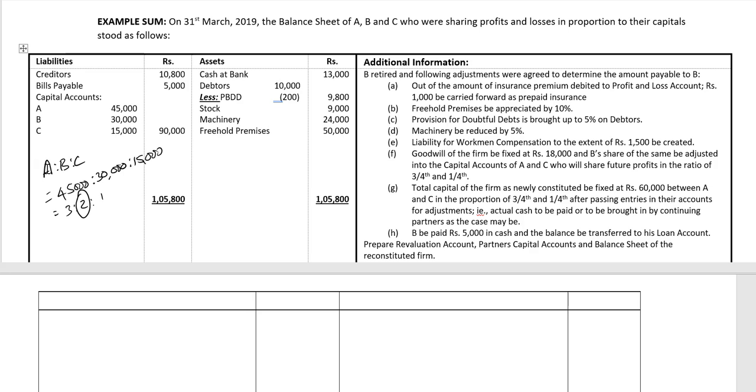And the adjustments need to be made through cash, because it says here actual cash to be paid or to be brought in by the continuing partners as the case may be. So we need to make the adjustments through bank account. So let's go ahead with the solution. We'll start with the revaluation account, go on with the partners' capital accounts, and finally the balance sheet. We'll put the working notes after the balance sheet.